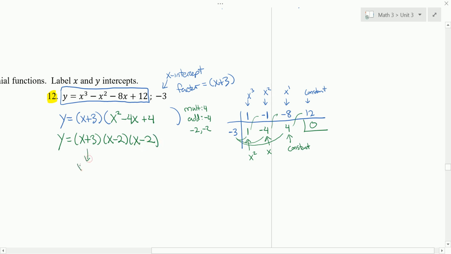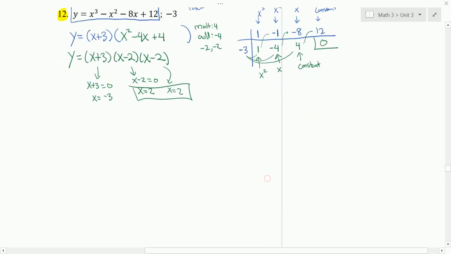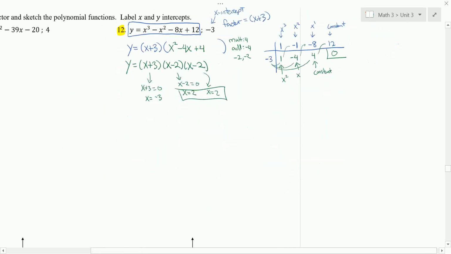X plus 3 gives us an x-intercept at negative 3. X minus 2 gives us an x-intercept at 2, and we get another one at x equals 2. Double multiplicity, it's going to bounce at that spot.